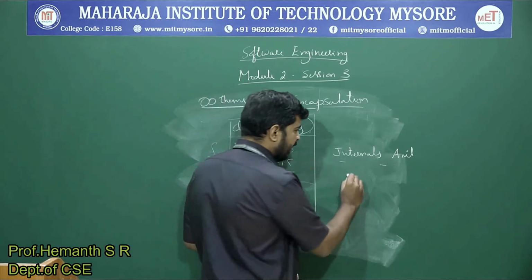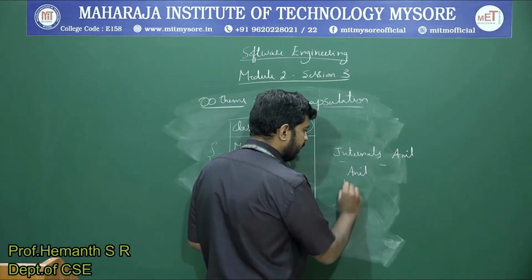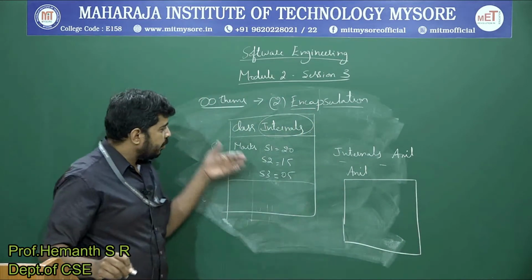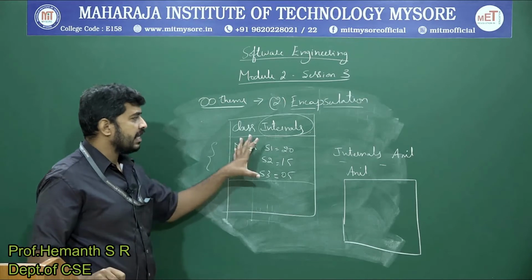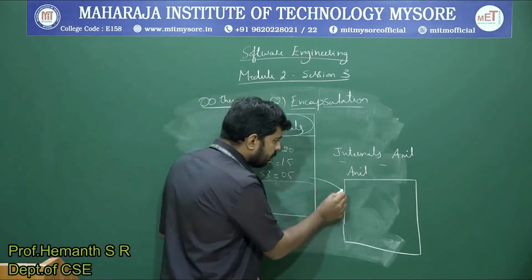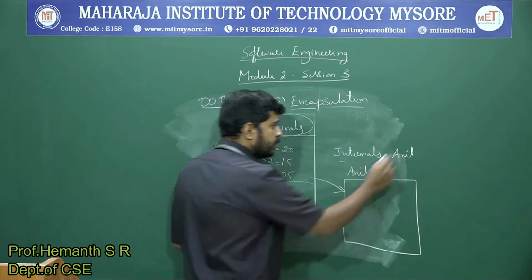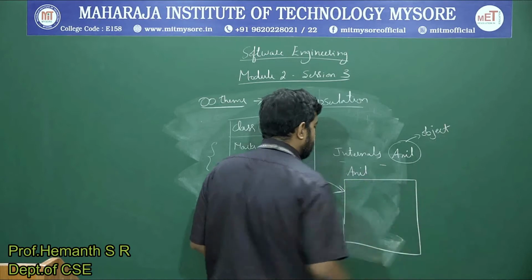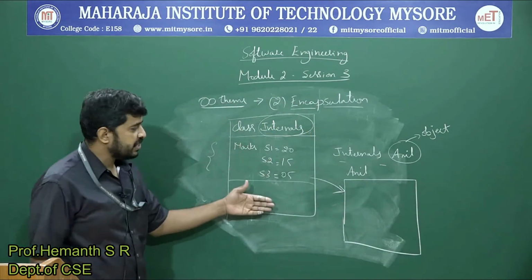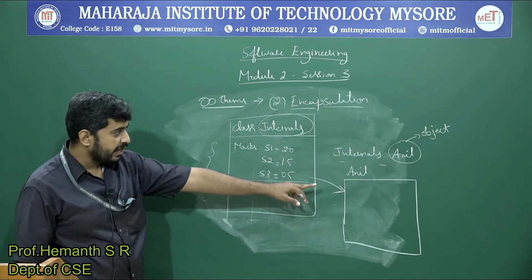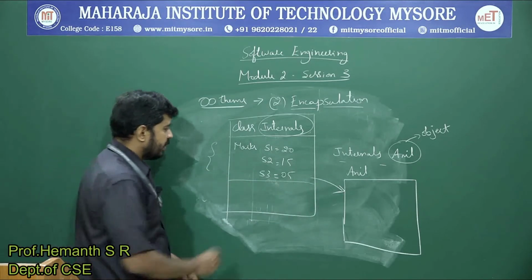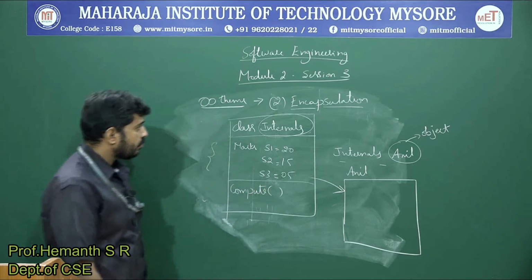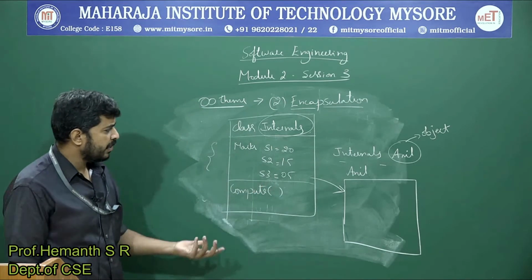As per the default design, whatever attributes and functions are there in the class can be taken by this Anil object. Compute is the function here. It may be within the class or maybe outside.